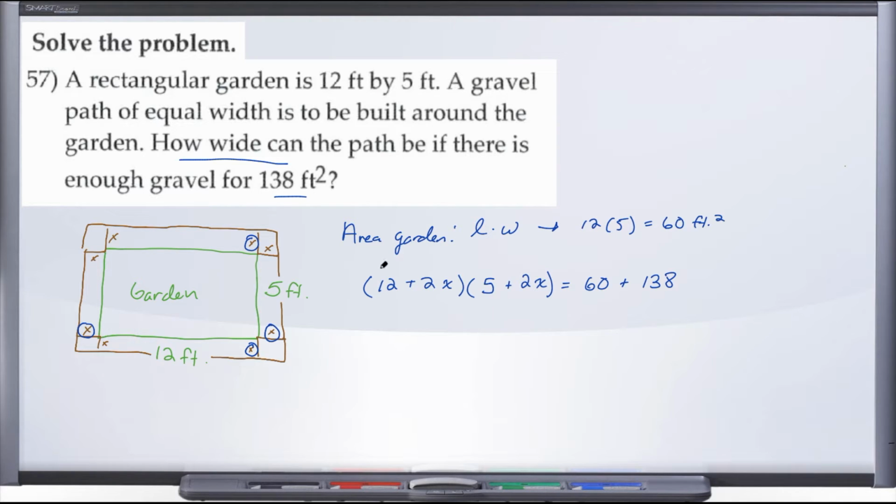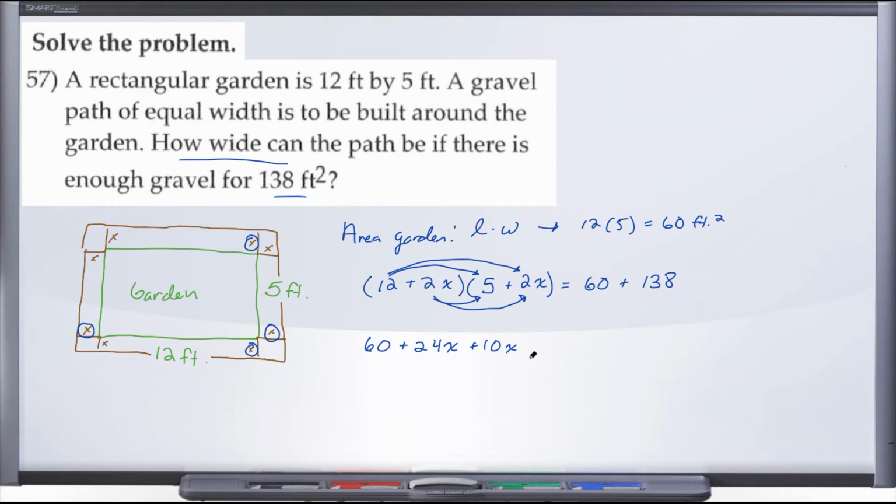But before we can do that, let's FOIL the left side of our equation out to see what we get. All right, so we have 12 times 5, that's going to give us 60. And 12 times 2x will be plus 24x. And 2x times 5, that'll be 10x.